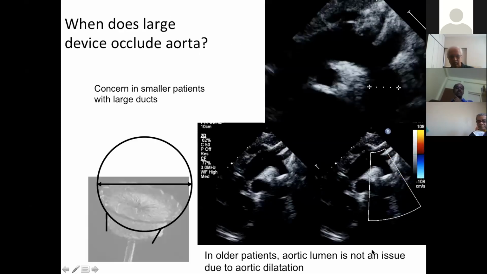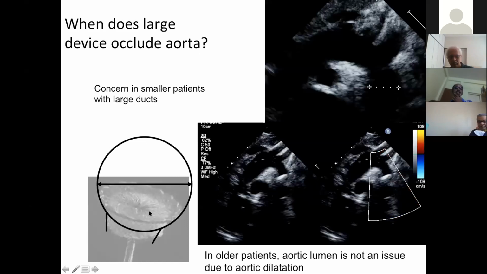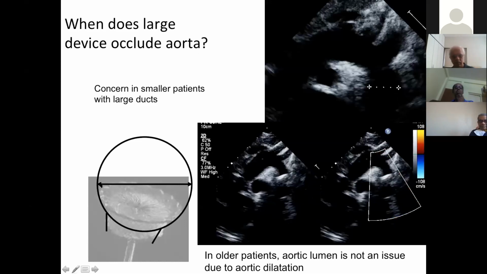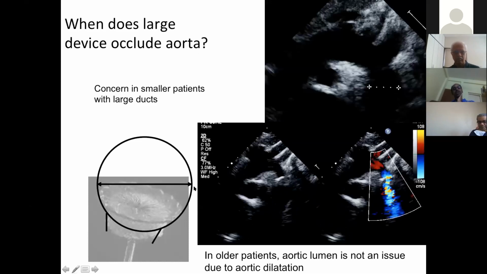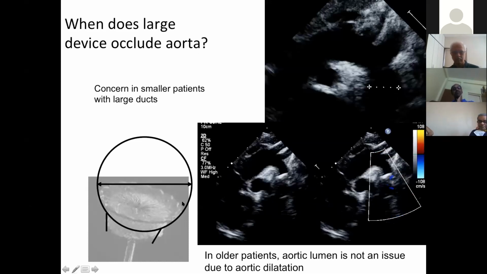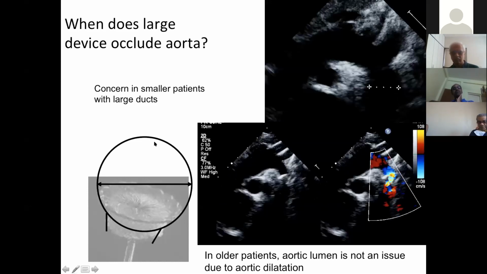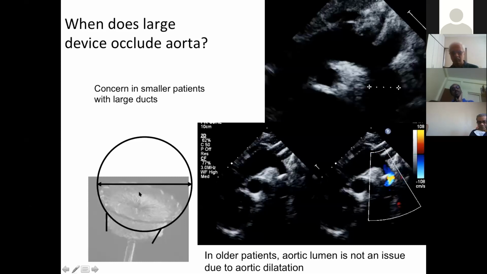When you look at the aortic retention skirt, the aortic retention skirt is going to be sitting on the circumference of the aorta. And so if your aortic retention skirt is occupying less than 50% of the circumference of the aorta, this PDA can be closed with that particular device.